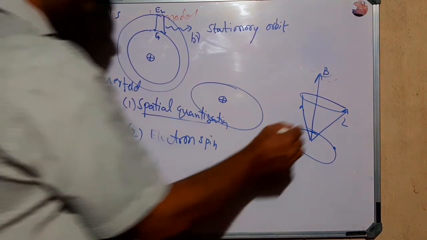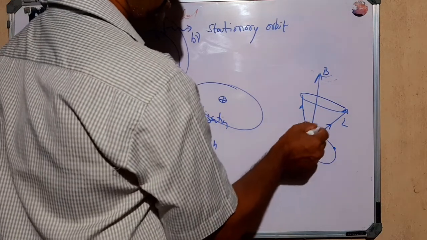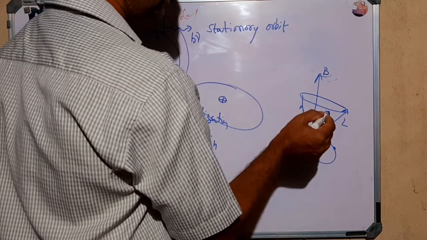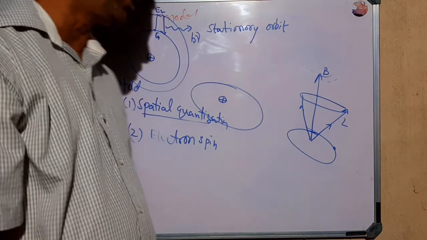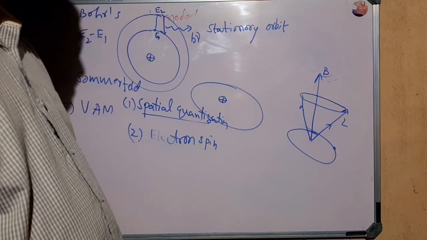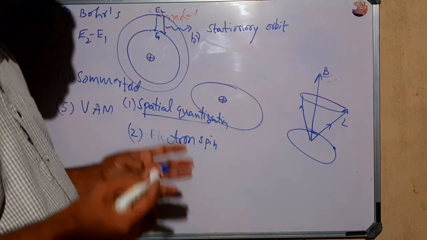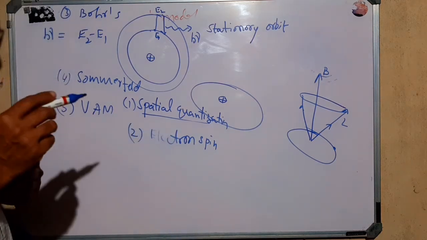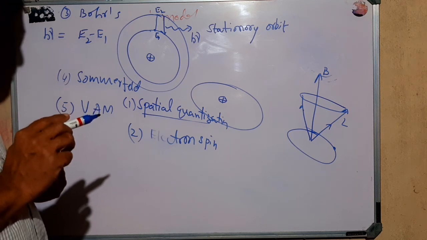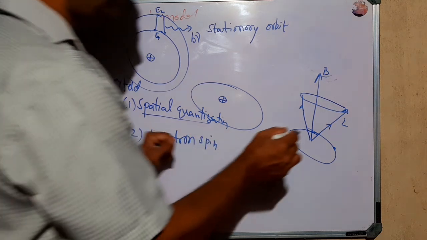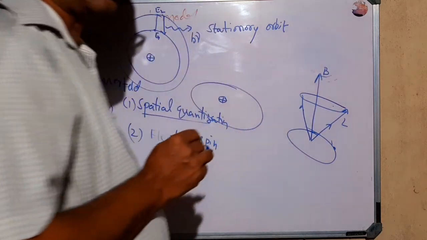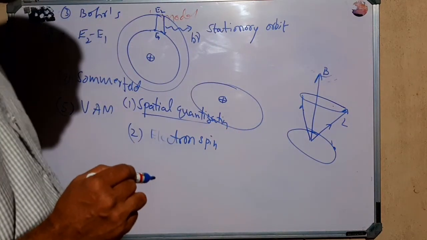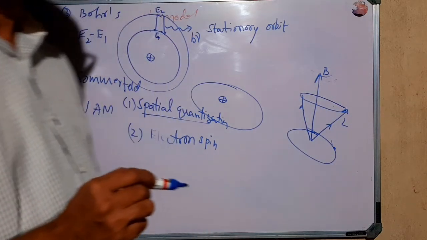So according to this model, as the angular momentum vector rotates around the direction of the magnetic field, an additional energy level is created. Different electrons have angular momentum vectors inclined at different angles. So when you supply energy, the electron will get excited to this additional energy state. During the downward transition, it will emit light.